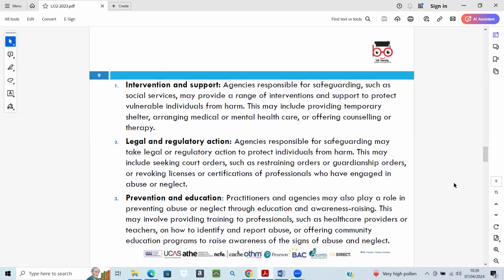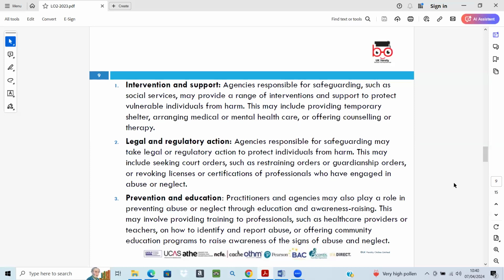Now, in that, we may ask the question, why is it important for agencies to provide support and intervention services to individuals who have experienced abuse or neglect? So these services are essential for protecting individuals from further harm, addressing their immediate needs, and helping them recover and rebuild their life. Then, for example, how can education and awareness raising help prevent abuse and neglect?